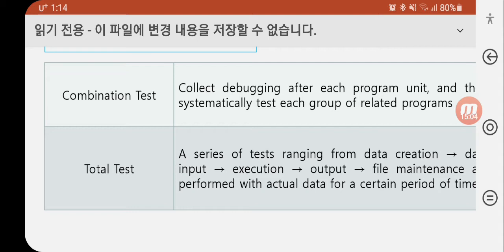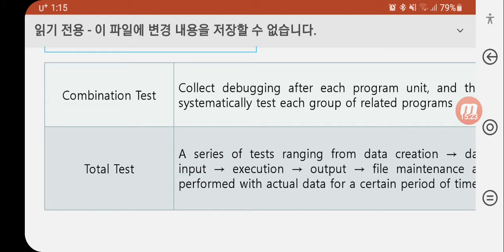Test run is also of two types. Combination test: collect debugging after each program unit, and then systematically test each group of related programs.